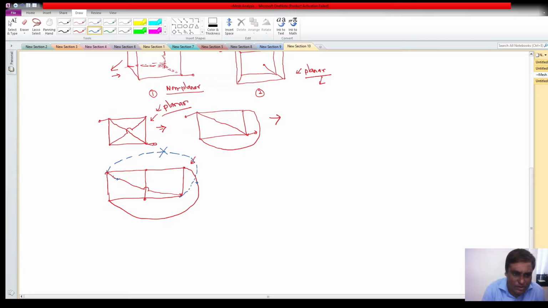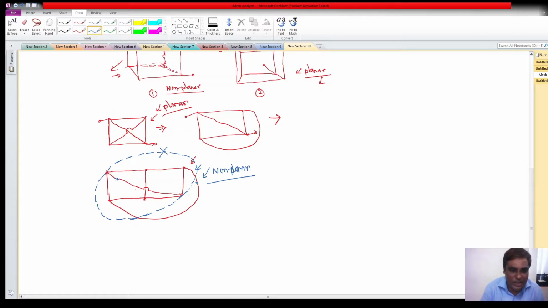Now what is the other way? The other way is I can redraw like this, but here also I observe that this is crossing this branch, so this is also not possible to have a planar network. Ultimately this skeleton of the network which we have drawn is non-planar.